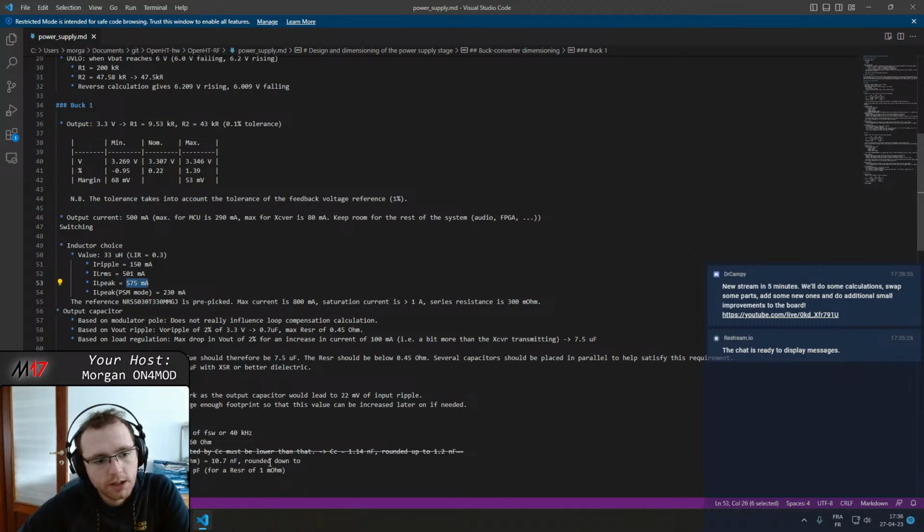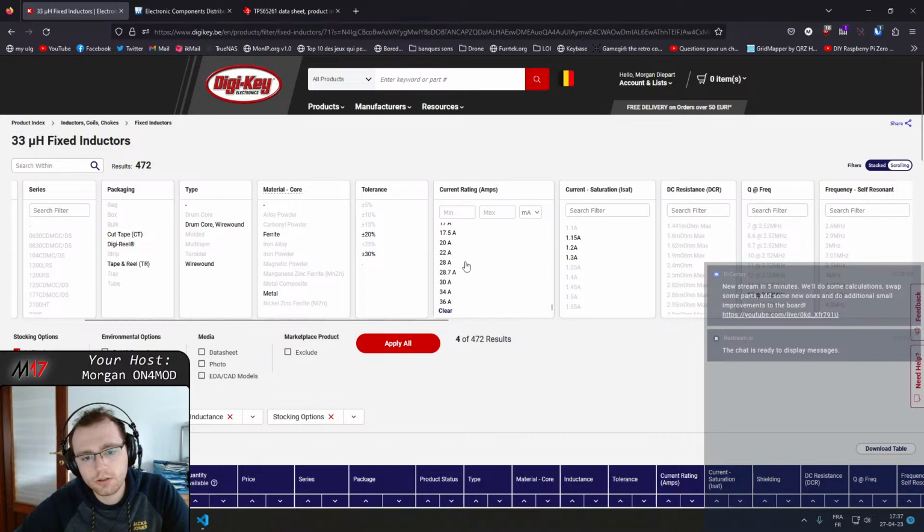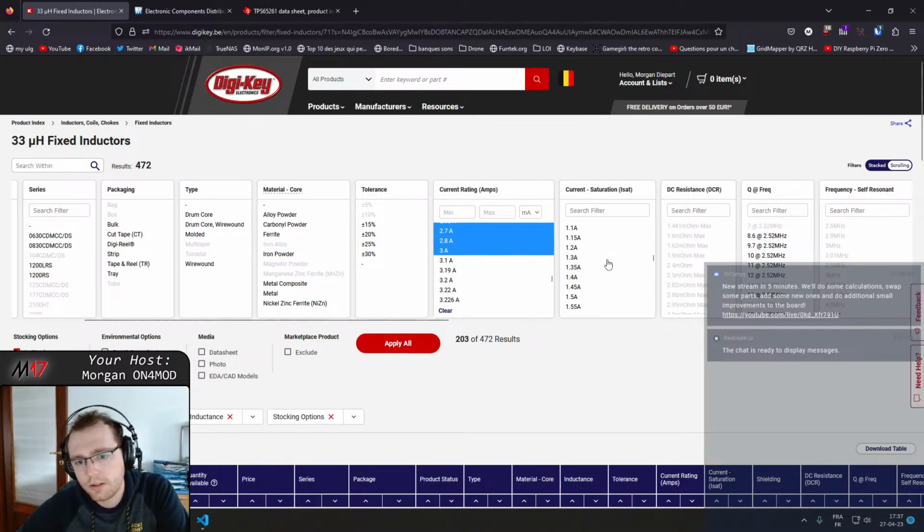Also, we want to take care that maybe if we add other devices later on, this current might increase. So I will try to pick higher than just 575. So the current rating, I'll pick at least 800 milliamps. And I think 3 amps is quite a lot already, and it's the maximum that the buck can output, by the way.